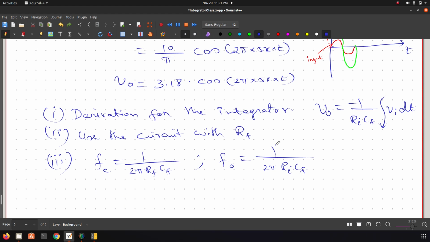These are the things you should take into consideration from the examination point of view. With this the topic of op-amp integrator is over. Next we can discuss the op-amp differentiator in the next video.